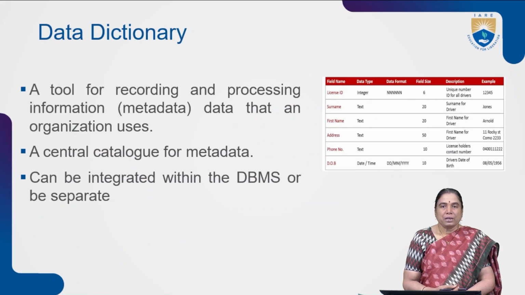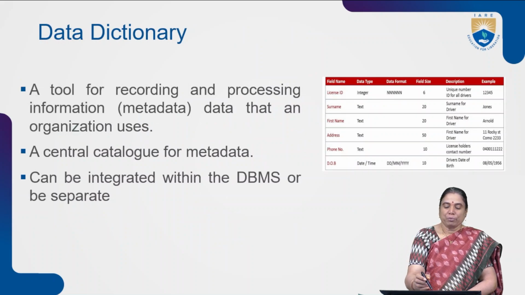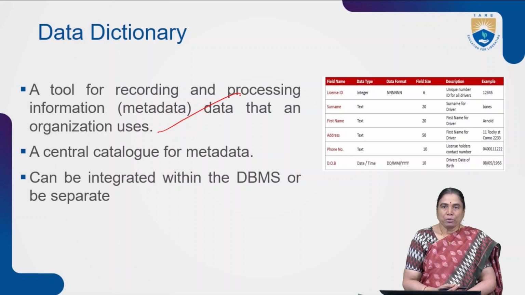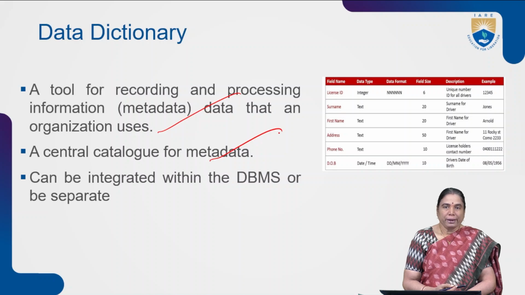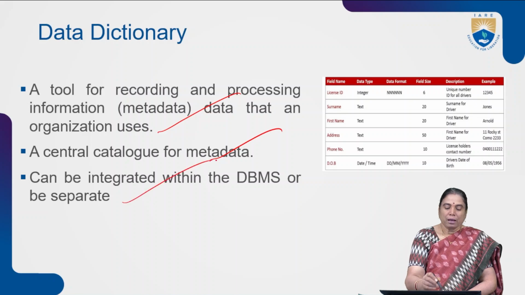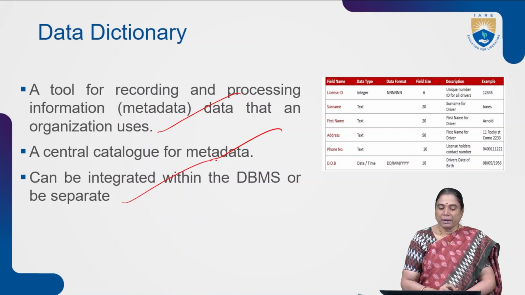So the data dictionary is a major tool for recording and processing the information. The metadata is maintained in an organization that can be used for reference. A central catalog for the metadata. In simple terms, it can be data about metadata and can be integrated with the DBMS or separately maintained.